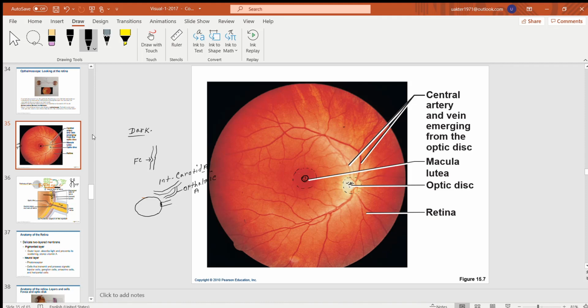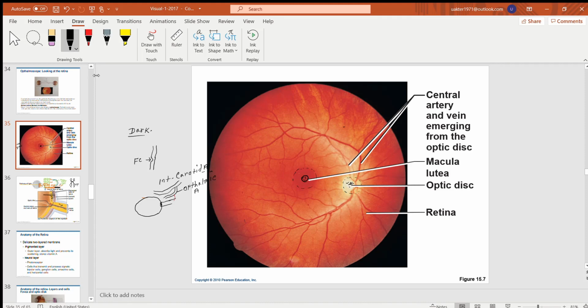And from the ophthalmic artery a branch, an artery, pierces through the wall of the optic nerve or covering of the optic nerve.